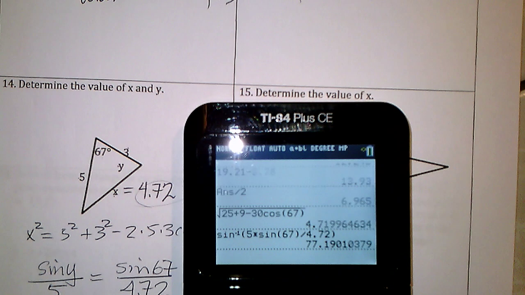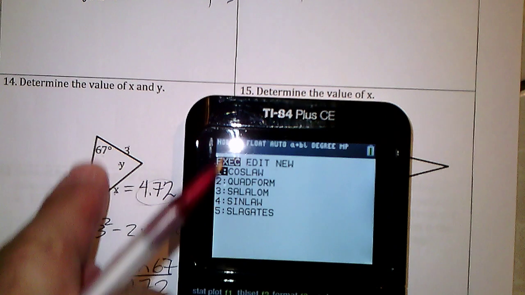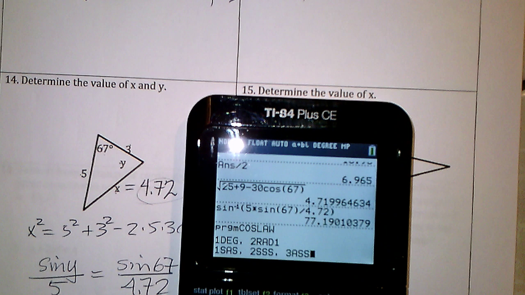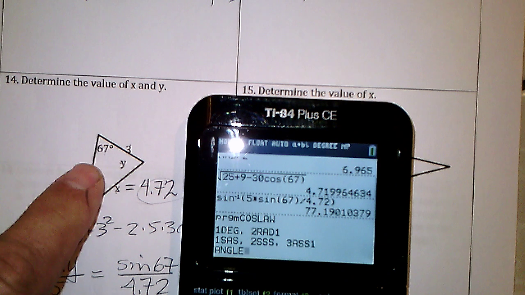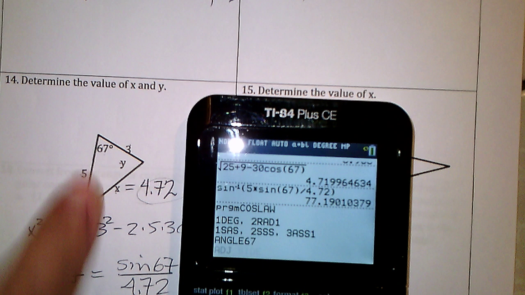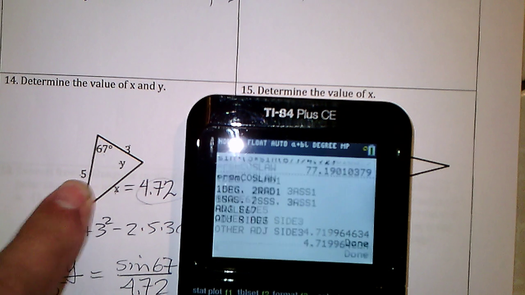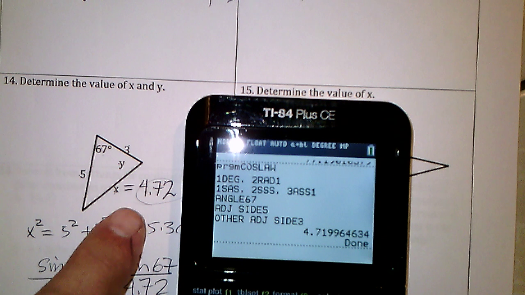And let's just check it. Program, side angle side is cosine law. Degrees, side angle side. Angle was 67. Adjacent side 5. The other adjacent side 3. And we've got 4.72.